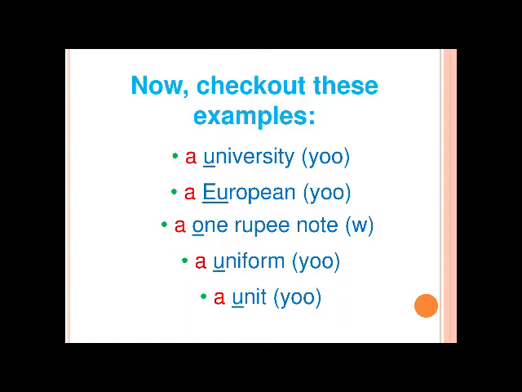That's why I have used a before them. A university. Now here, university is sounding yu. It's not a vowel sound. European, yu. 1 rupee note, wa. So these are all consonant sounds. That's why I have used a with them.